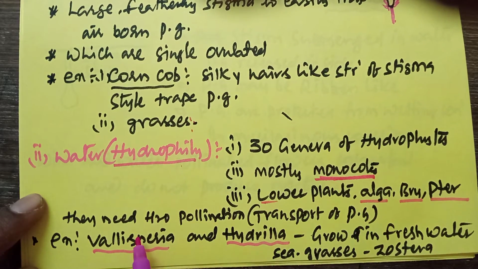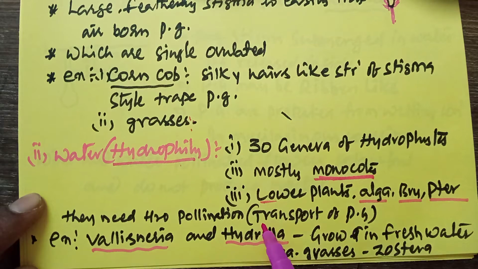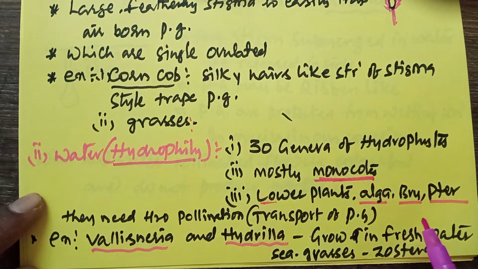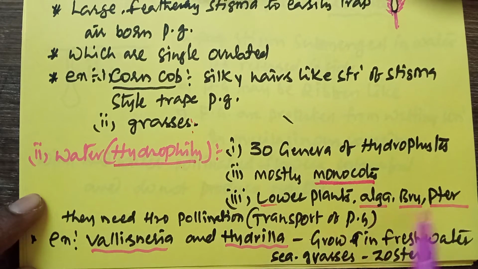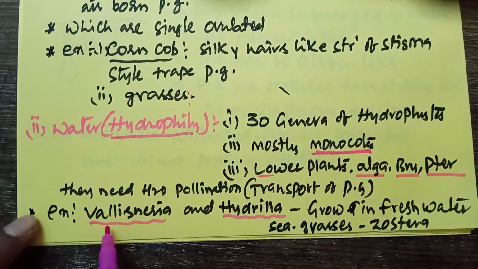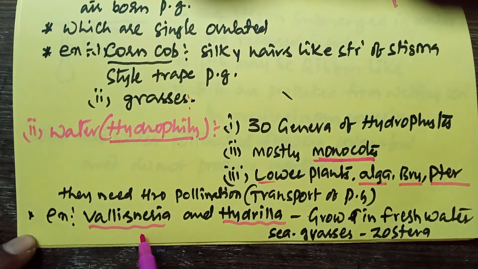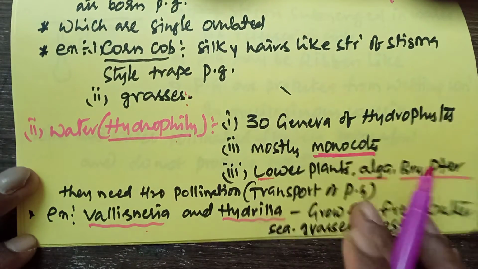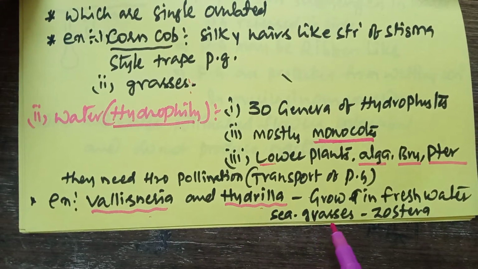Here water is a very important agent for transportation of pollen grains. The best examples of hydrophily, or water pollination, are hydrophytic plants like Vallisneria and Hydrilla. Vallisneria and Hydrilla are typical examples of hydrophily.